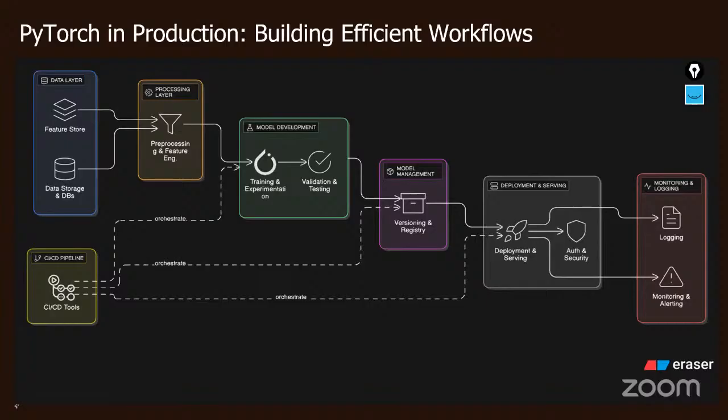And then there comes the model development. In the model development phase, we have training and experimentation. We are going to train on a training set and check whether the model is overfitting, underfitting, or a right fit by using a validation or testing dataset.